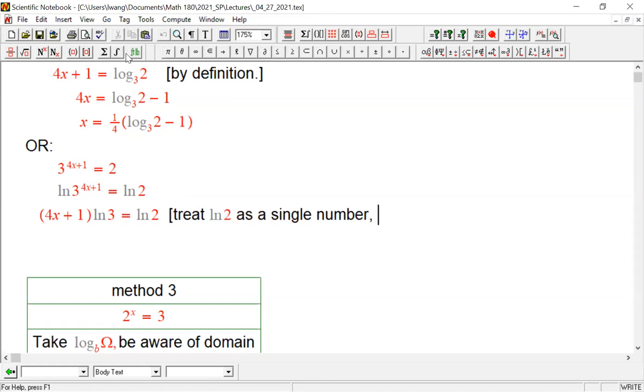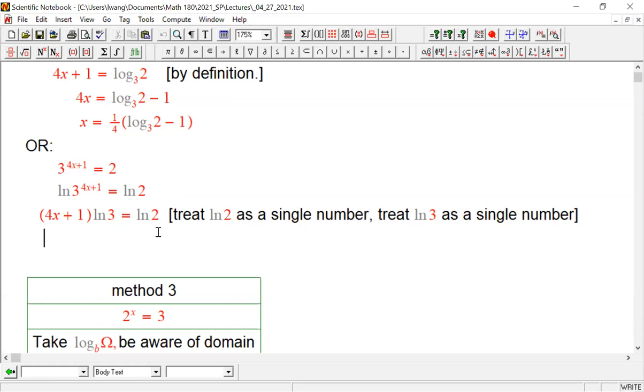What does that mean? That means you should not separate them. Don't write ln alone. Never.